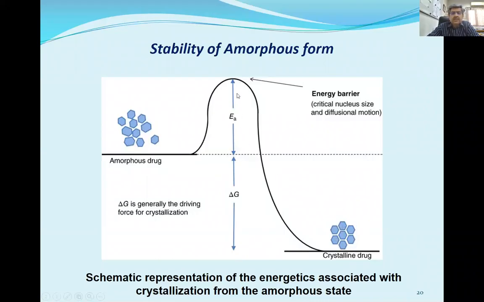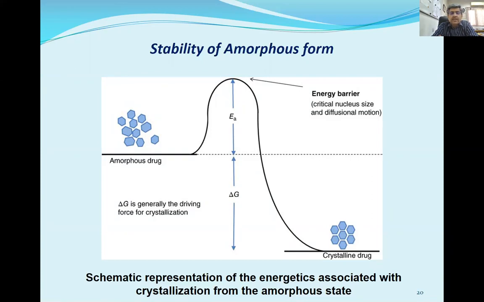Now this free energy barrier in fact is not that steep in the case of amorphous systems, and they are very quick to convert to the crystalline drug. That is why they are also called the metastable state. There are two terms which are used. One is called the metastable state and the other one is called the unstable state. The difference between the two is with respect to the quantum of free energy barrier.